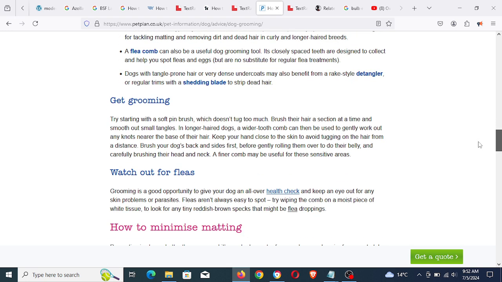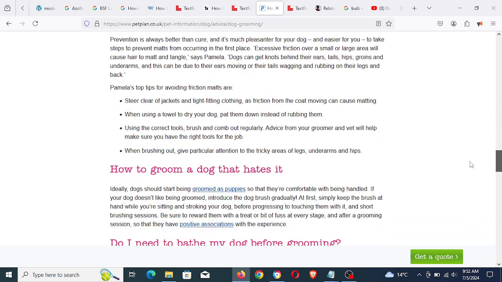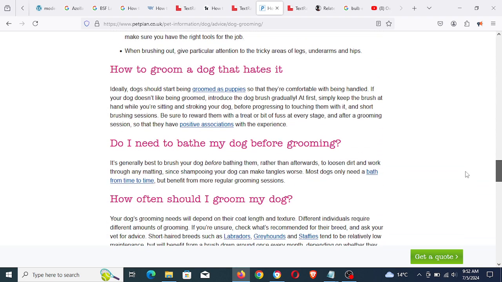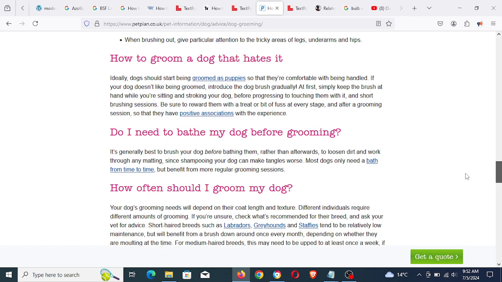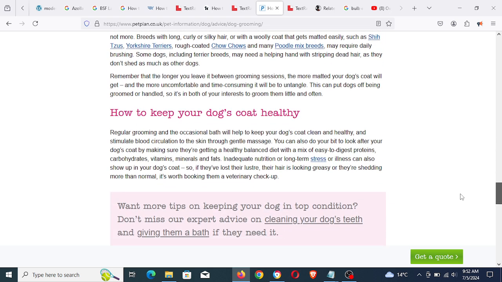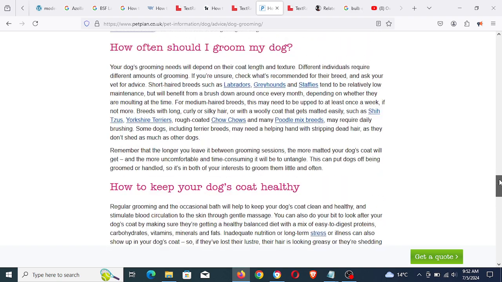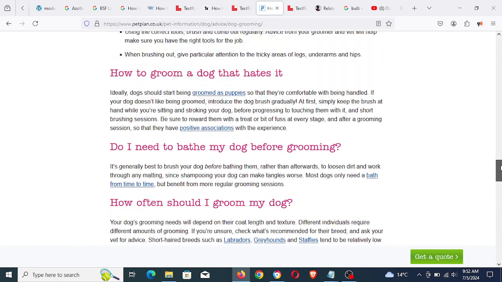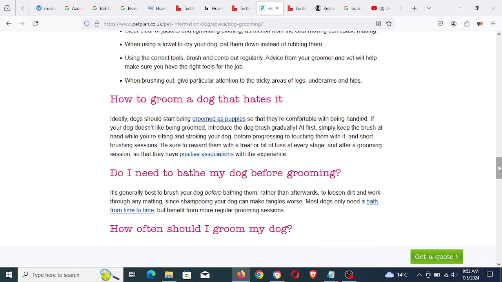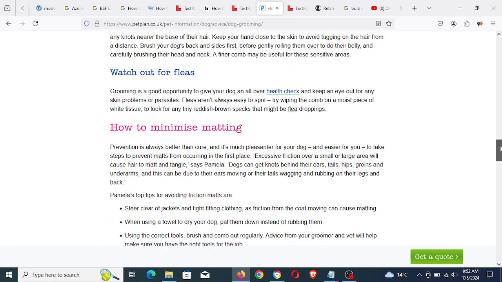Then get grooming, watch out for fleas, how to minimize matting, how to groom a dog that hates it, do I need to bathe my dog before grooming, how often should I groom my dog, how to keep your dog's coat healthy. So how often to bathe your dog, that's sort of like the first article. So there are some differences.